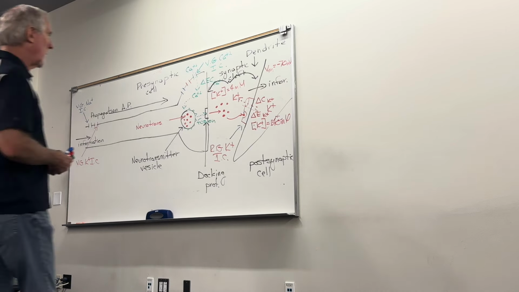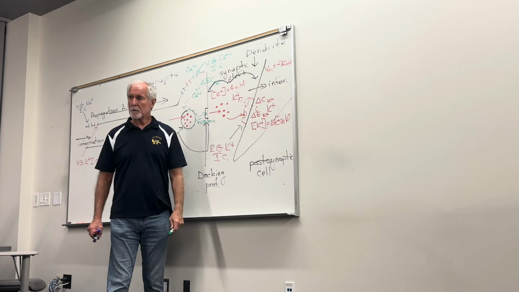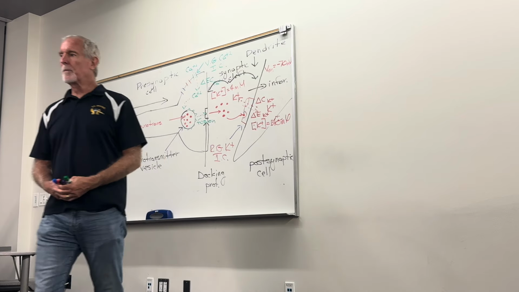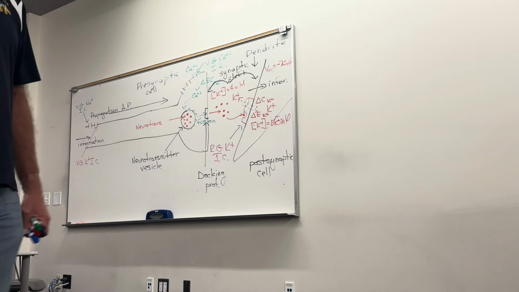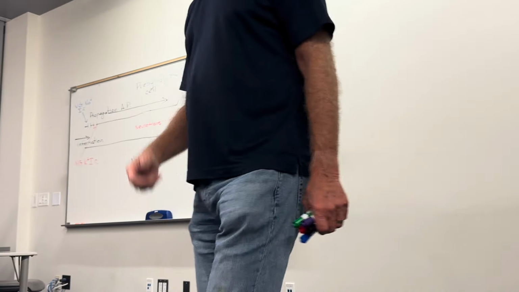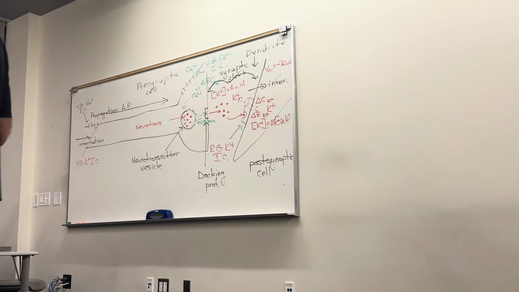So the electrical gradient is not strong enough to cancel out the chemical gradient. So will there be an efflux of potassium? Yes, it will. And that efflux is going to cause the cell to hyperpolarize. Are we going to call that an excitatory postsynaptic potential, or an inhibitory postsynaptic potential? That's what I would call it, an IPSP.